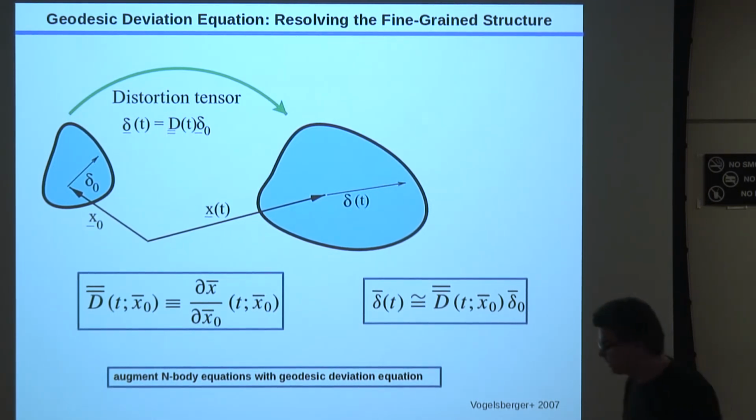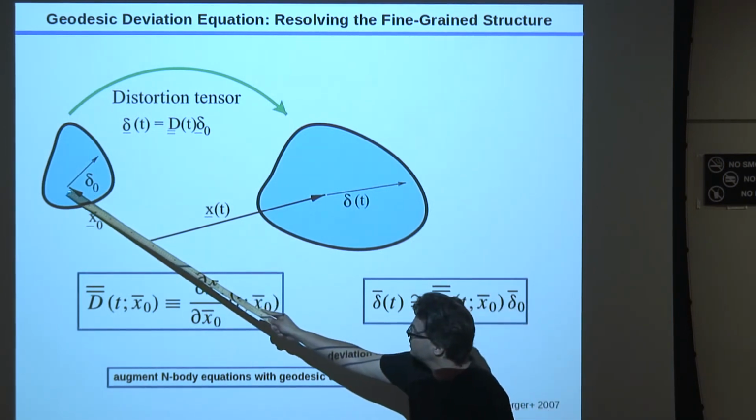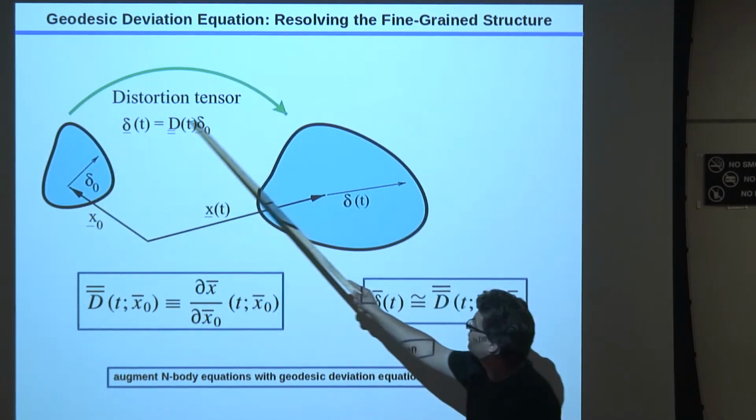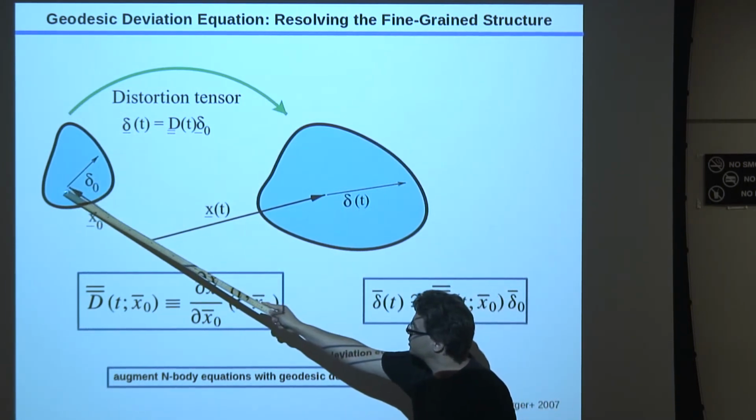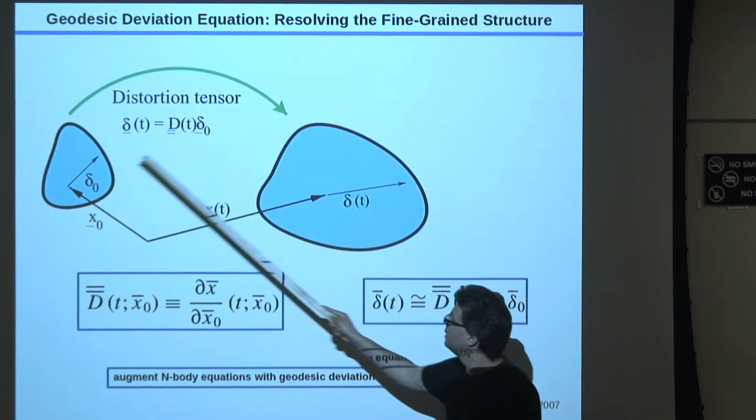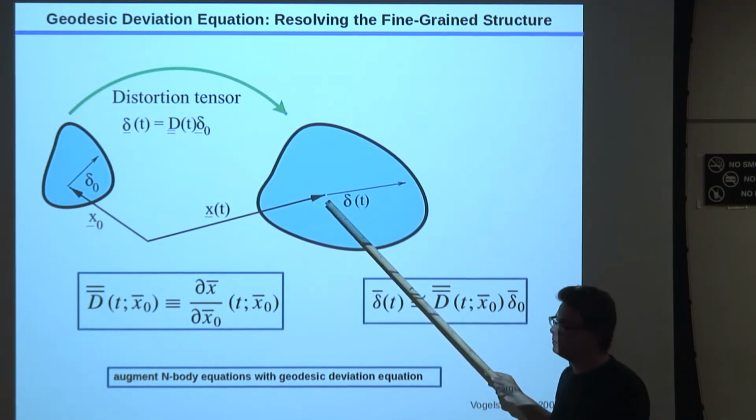So you have your simulation particle, which sits here at the center, and it moves over time to this location, and this is what the standard N-body methods would trace. It would see the particle here, and then at a later instant it would see the particle here.